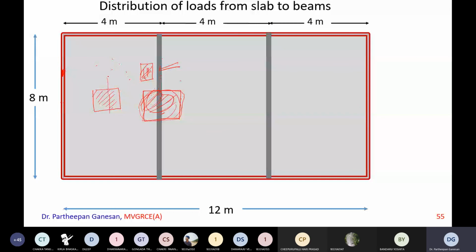But if it is a UDL, meaning the load is, let us say, 2 kilonewton per meter square, for every 1 meter by 1 meter, 2 kilonewton is there, it is considered as a UDL. Then exactly half will be transferred here, half here. But if you have a point load or a concentrated load, the distribution will be divided accordingly depending upon the position of the load. Is that clear?